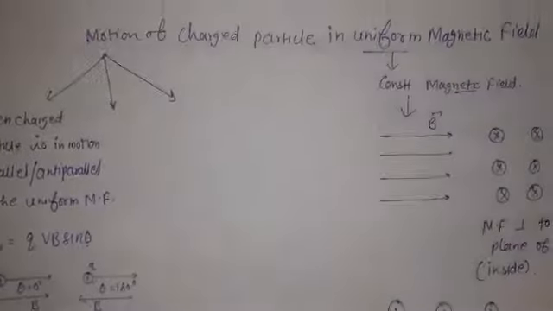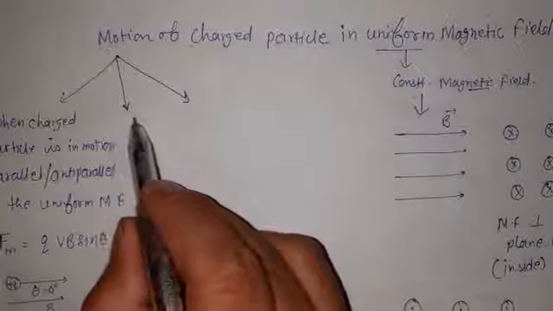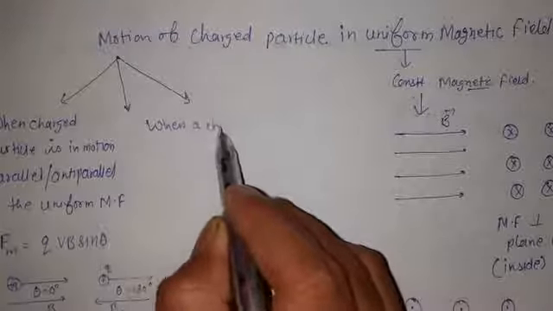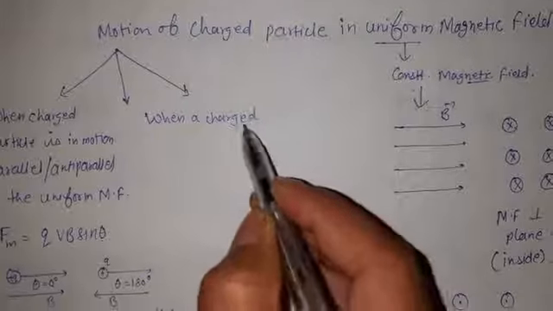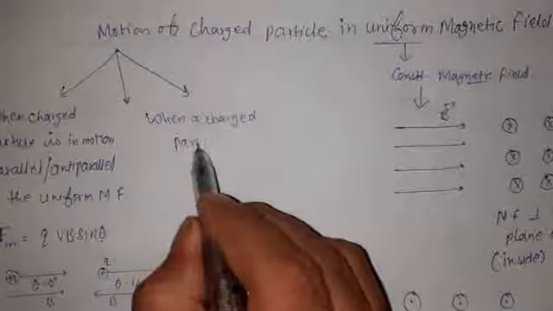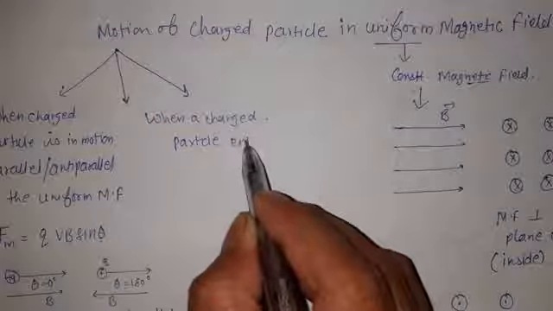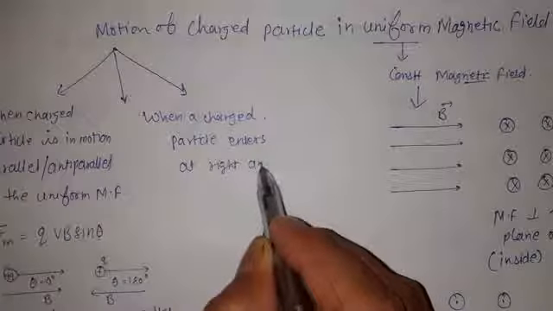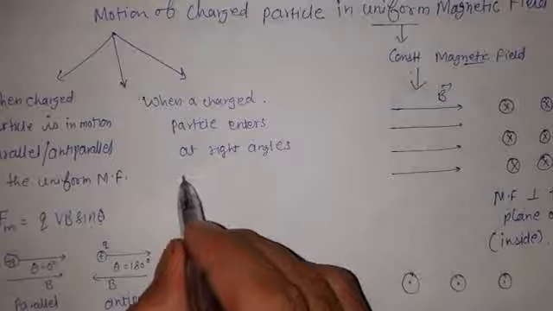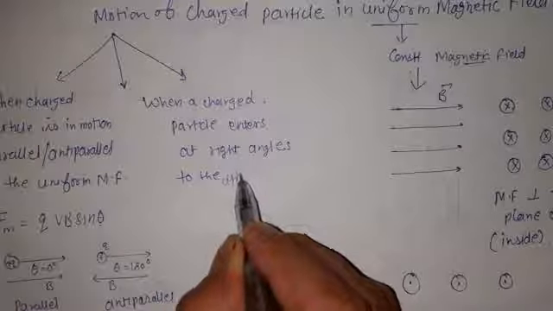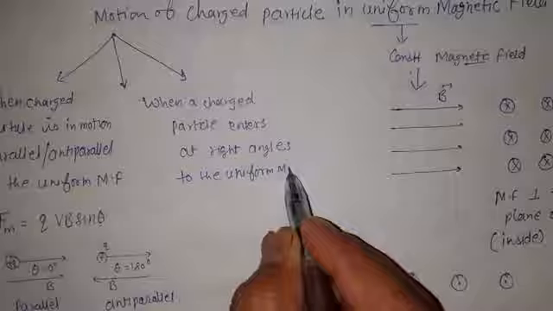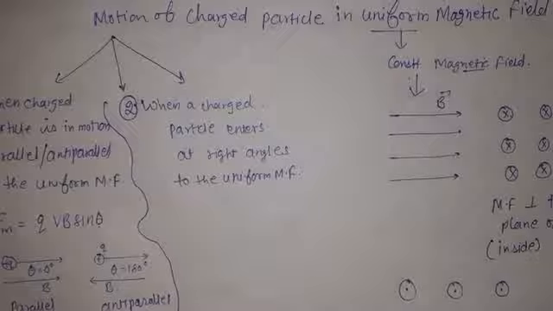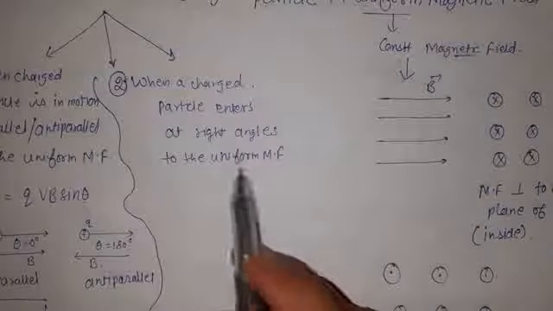Now the second point we are going to discuss is when a charged particle enters at right angles to a uniform magnetic field. ठीक है, तो इसमें क्या बोला गया हमारे पास कि जो सेकंड केस, this is the second case, how this charge is going to enter in this uniform magnetic field.